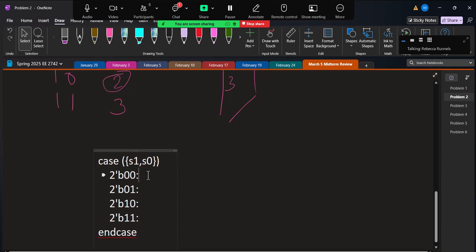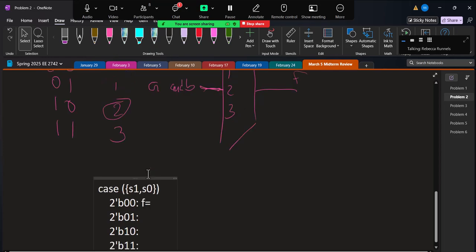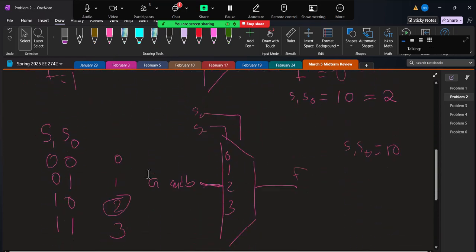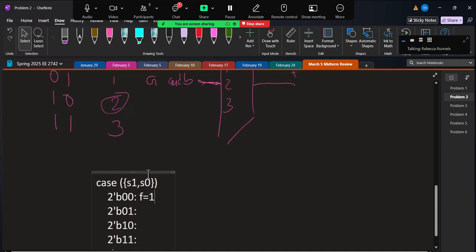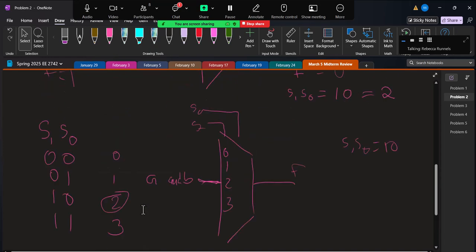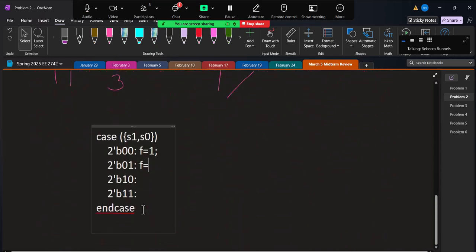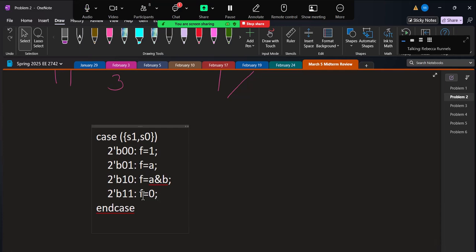And then for each one of these, I would then say F equals 1, F equals A, F equals A and B, F equals 0. And that would be it.